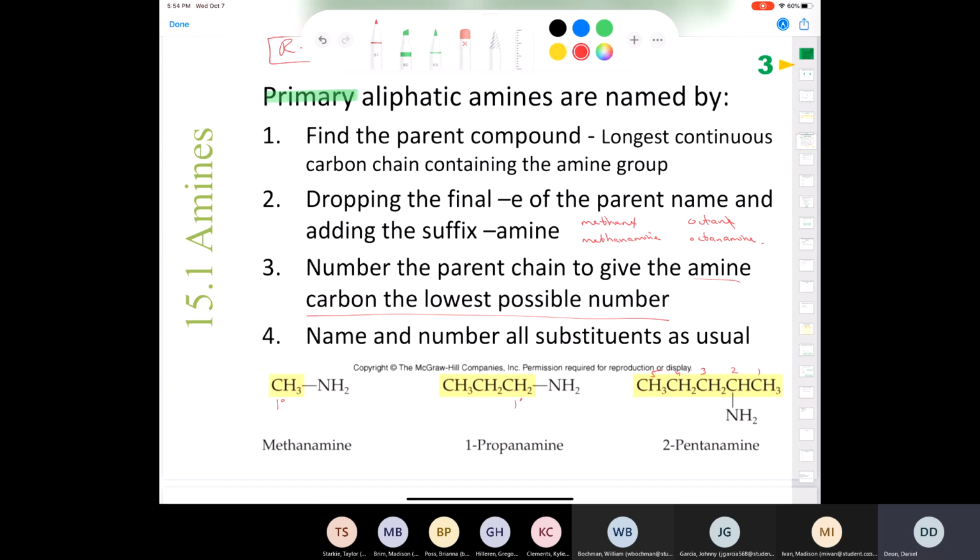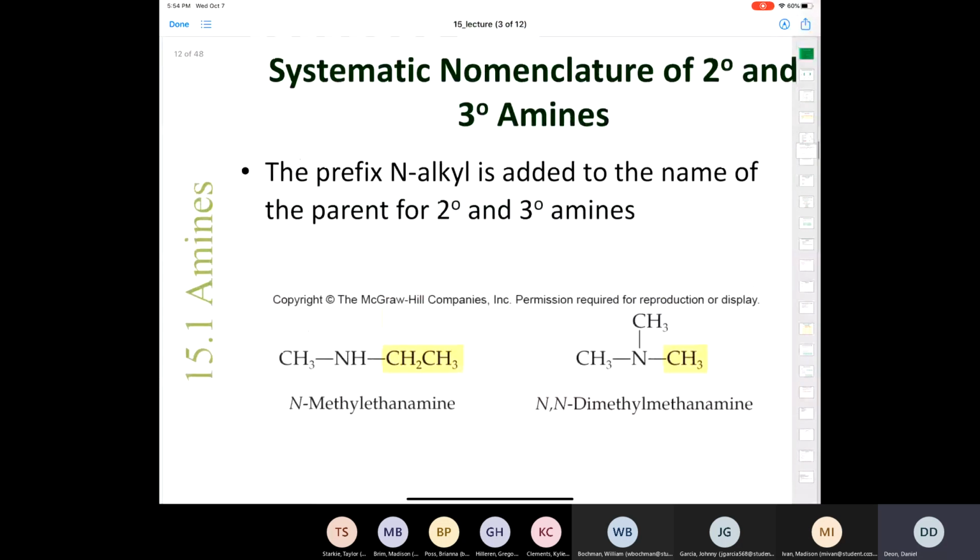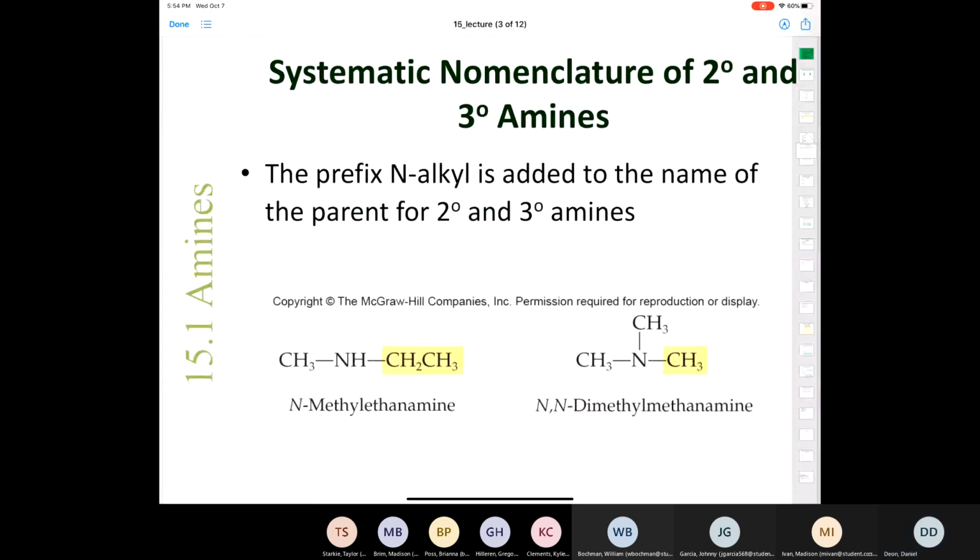Now again, naming primary amines is the simplest type of amine nomenclature, but we're going to look at secondary and tertiary amines, and this is where it gets a little bit more interesting. The prefix N-alkyl is added to the name of the parent for secondary and tertiary amines.